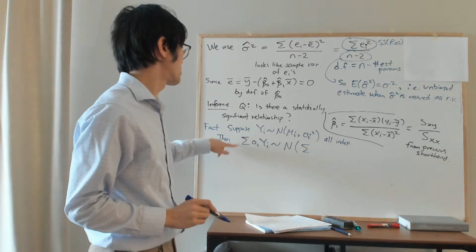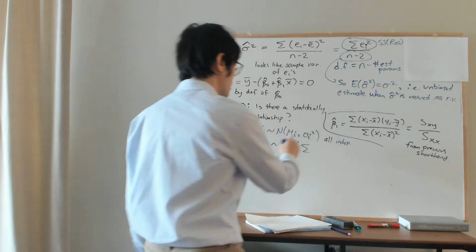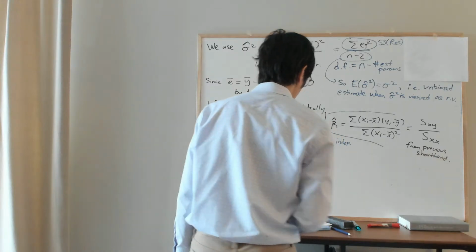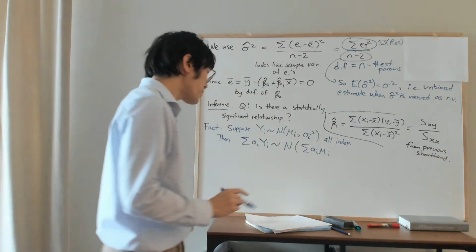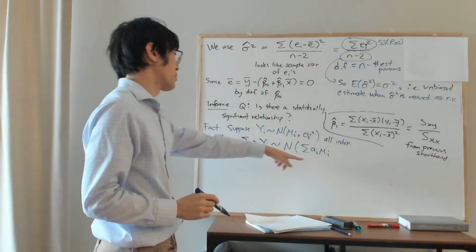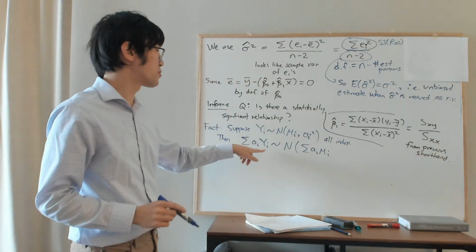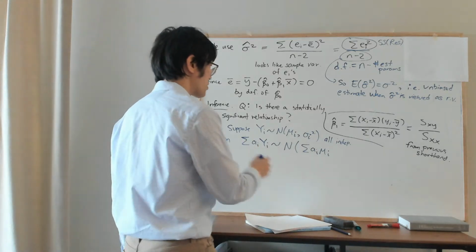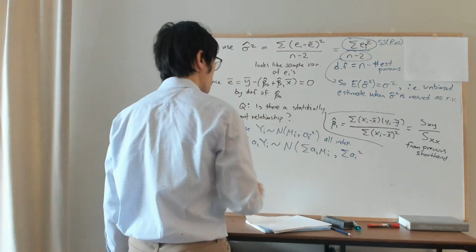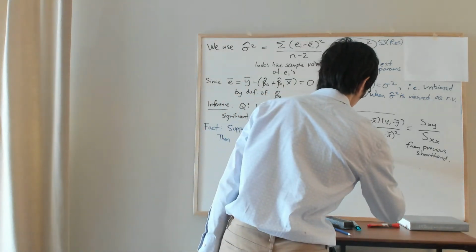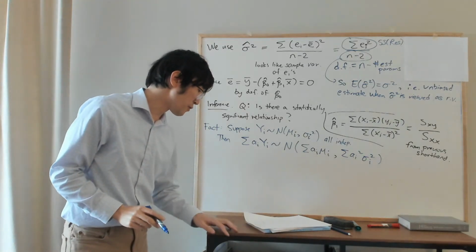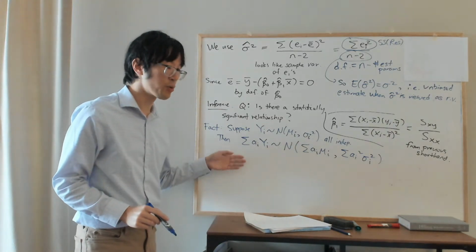The expected value of this summation would be simply this linear combination of the means, the summation of ai mu i. With them all independent, we get the variance by taking the variance of this sum. When you take variance, the constants become squared, so you have ai squared, and then the variance of each yi is sigma squared i.